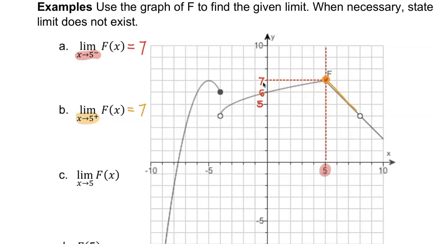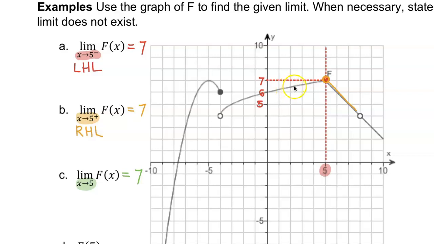Look, the left-hand limit and the right-hand limit, notice they are the same, right? If the left-hand limit and the right-hand limit are exactly the same, then the general limit as x approaches this 5 exists, and that equals 7. This happened because they met at the same spot.